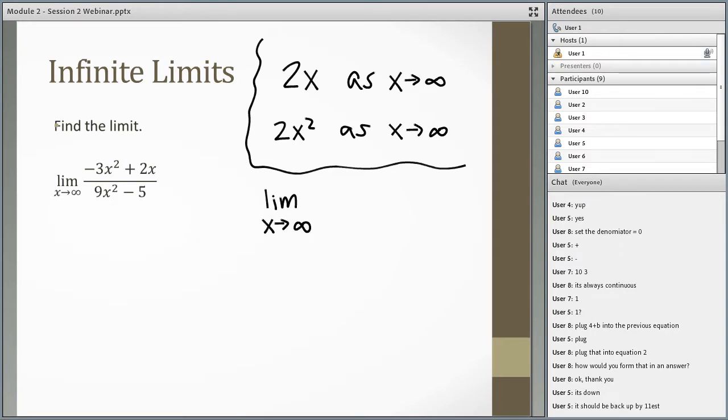what if I asked us to find the limit as x goes to infinity of, let's say, 1 over x? Going back to the last webinar, we can't plug in infinity because it's not a number. But what can I do?